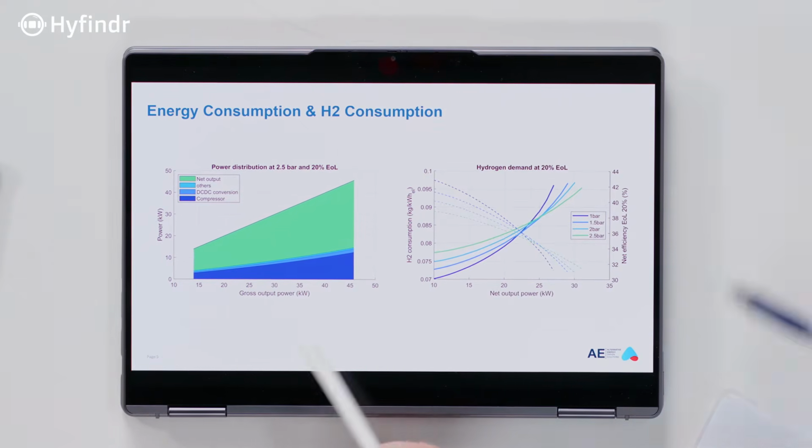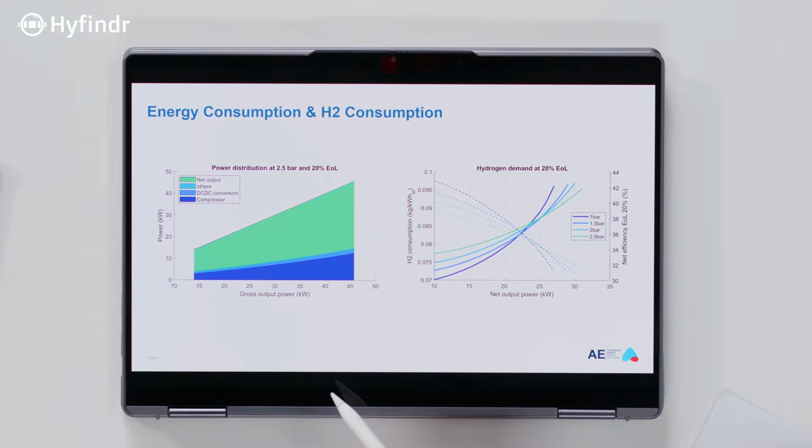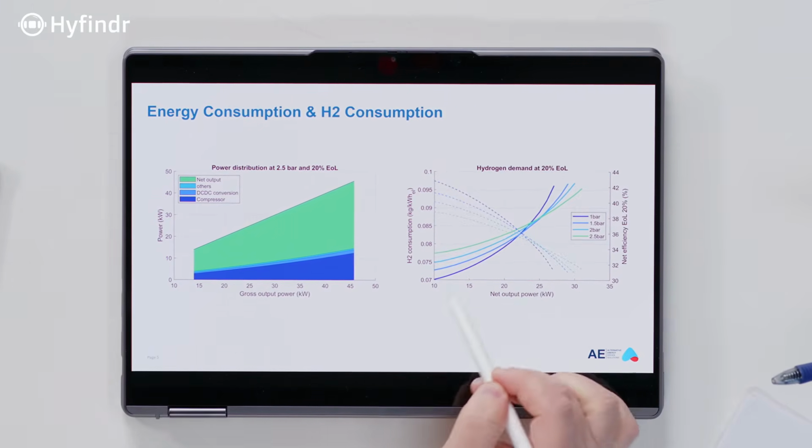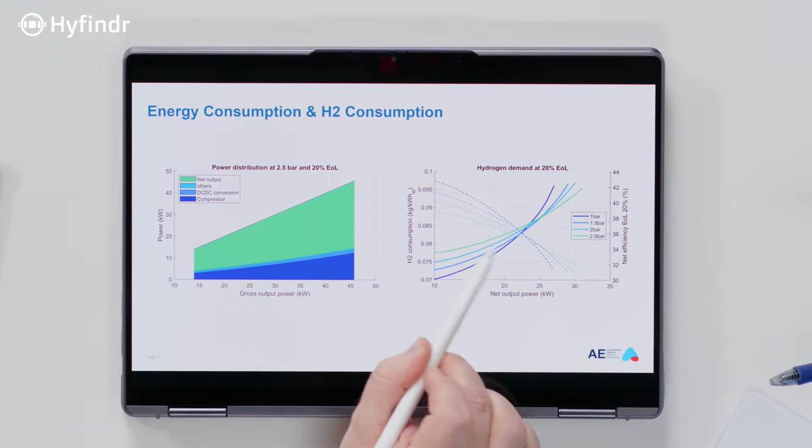And when you look at the hydrogen consumption and compare the efficiency with it, you can say, okay, to get more net power out of the system, you need much more hydrogen and the efficiency goes down.